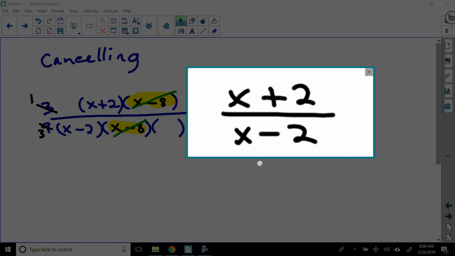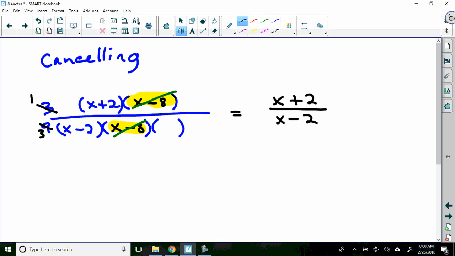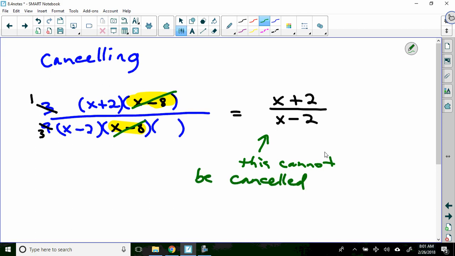And there's an x and an x, and we can cancel those. The problem is the x and the 2 and the x and the 2 are separated. They're polynomials, and we can't cancel this. As much as you want to, this cannot be canceled or simplified any further. You can't do anything else with that.